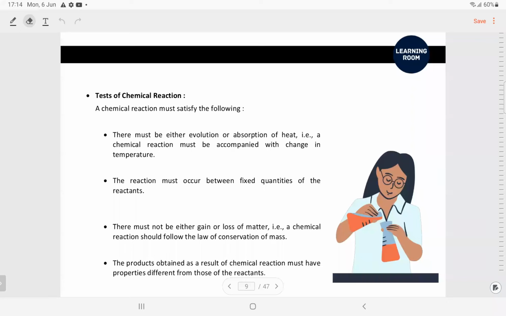Why? The ions are exchanging, the bonds are breaking, new bonds are forming. If your reactant is liquid or solid, the product can be gas or liquid or solid, anything it can be. The product definitely will be different from the reactant. Clear with this? So now we can move to our next one.